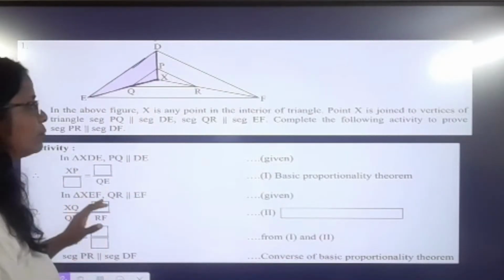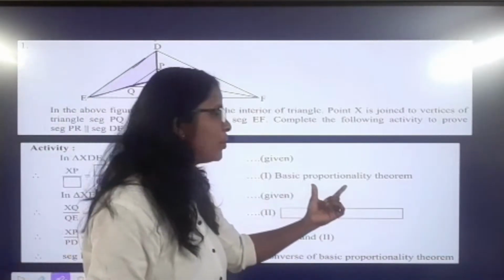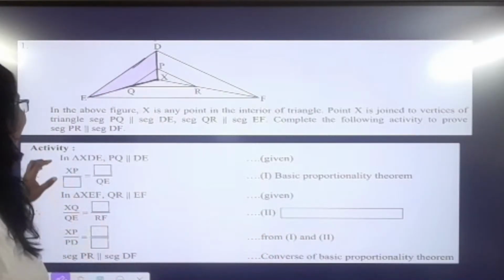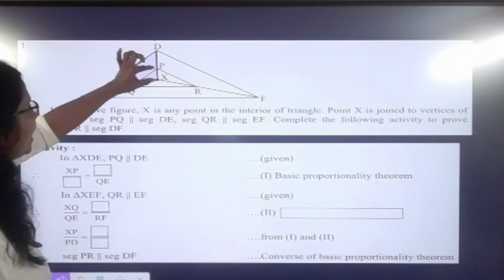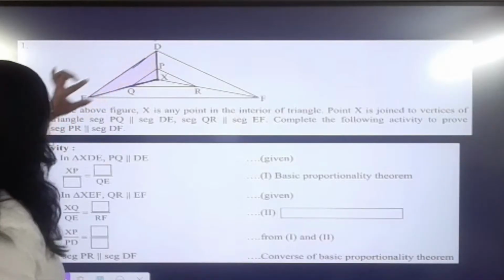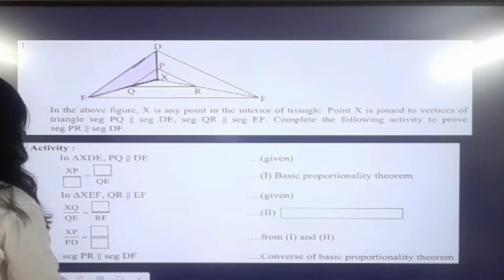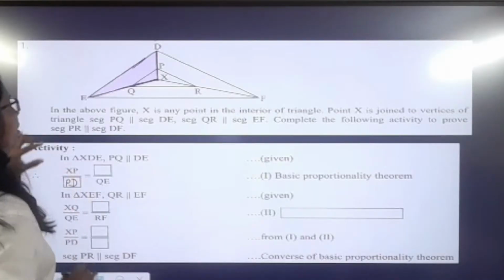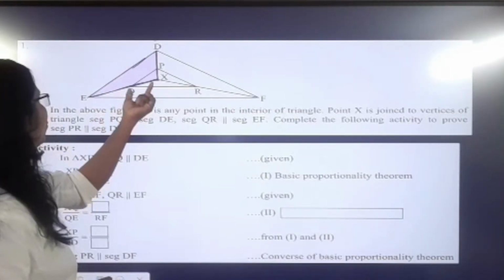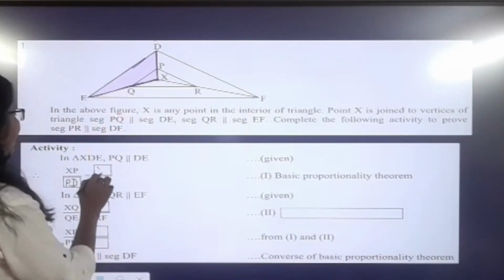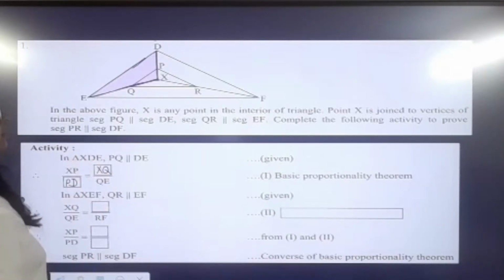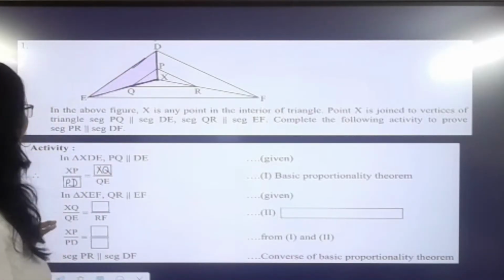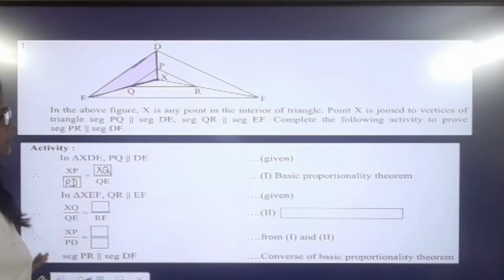So here, students, we can use the basic proportionality theorem. By the basic proportionality theorem, XP divided by PD is equal to XQ divided by QE. Then this first part is completed.